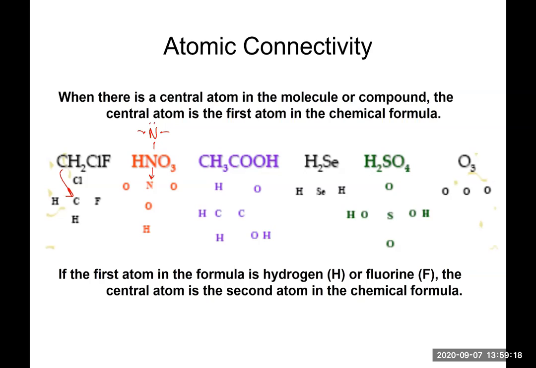The next structure, we seem to have 2 central atoms, and so we have a carbon here that is flanked by 3 hydrogens, and then it's bonded to another carbon, because remember, carbon has to have 4 bonds, always. And then our second carbon is the other central atom, flanked by 2 oxygens and a hydrogen.